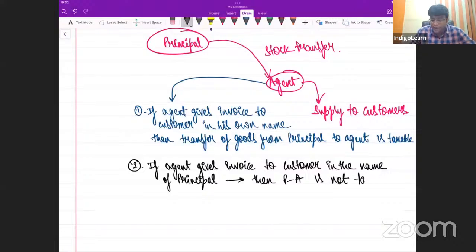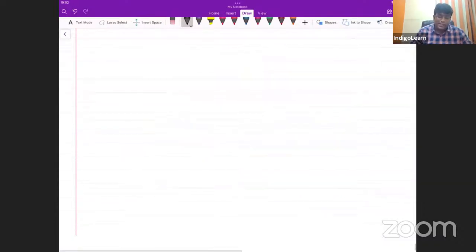When I say P2A, that means principal to agent is not taxable. That's it. Simple answer. So if the agent is giving an invoice to the customer in his own name, then P2A is taxable. If the agent is giving an invoice to the customer in the principal's name, then P2A is not taxable. So the taxability of P2A will depend upon in whose name the invoice is given to the customer. Simple. That's the end of section 7.1a, 7.1b, 7.1c.